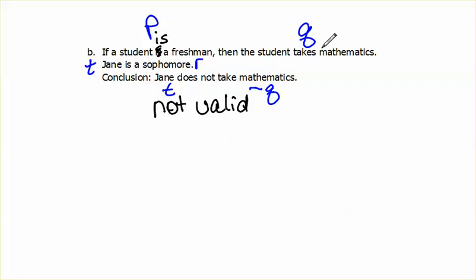If you happen to be a math major or an engineering major, you're going to be taking math your entire school career, not just as a freshman. So we can think of possibilities where that would not be a true statement. So this is not valid. This just has way too many variables going on. It doesn't list things out specifically. So this is not a valid argument form.